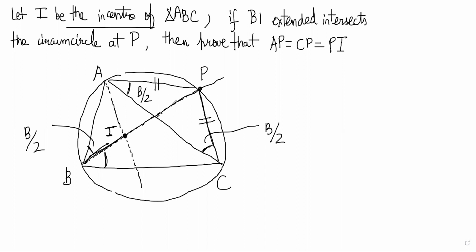But what about PI? Sir, by chord BC, we can also prove BAC is equal to BPC. Angle P is equal to angle C, so C by 2, this B by 2.